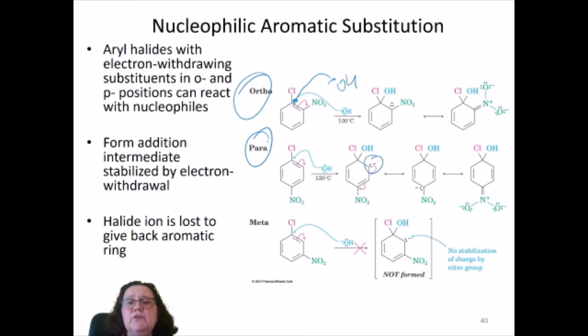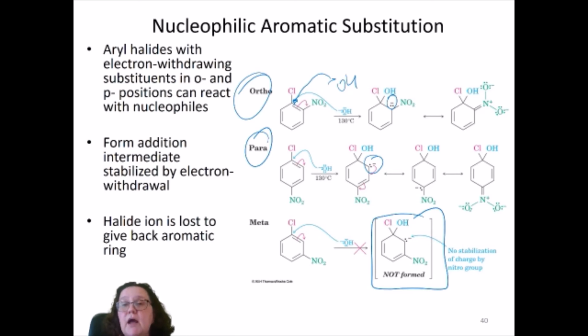So if you look at this, they have this negative charge. So the nitro group helps stabilize that intermediate by withdrawing electrons, so helping stabilize that negative charge. But here, in this meta intermediate, the negative charge is not in the carbon adjacent to the nitro group, so there's nothing stabilizing that carbanion, and it doesn't form.